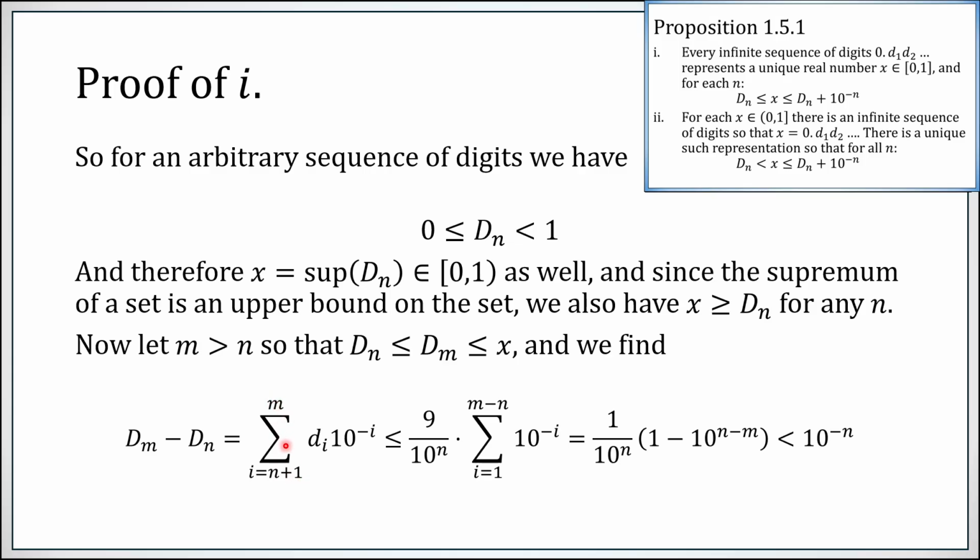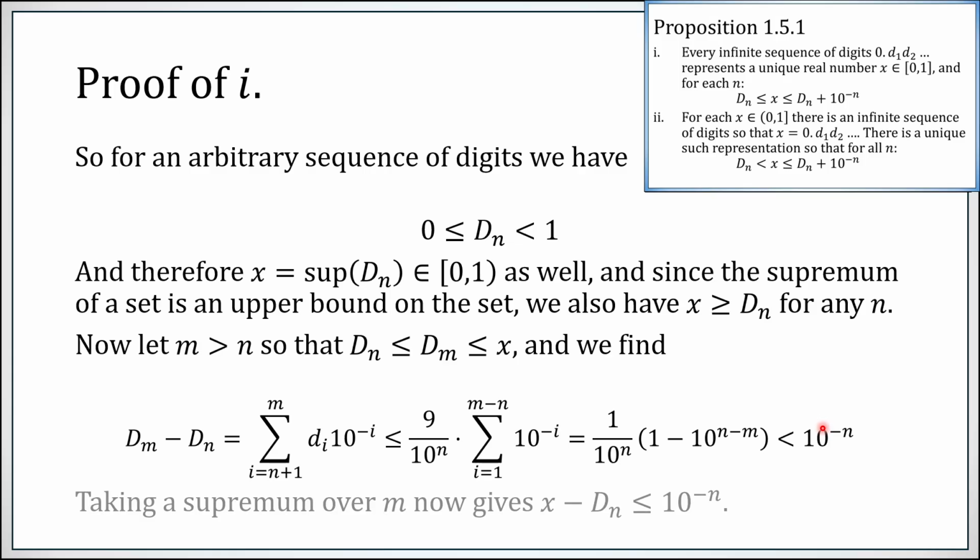What is the absolute biggest this could be? Maybe all of these digits are 9. In which case, again, using this geometric sum formula here, you end up with a 10 to the minus n. So dm minus dn cannot be as large as 10 to the minus n.